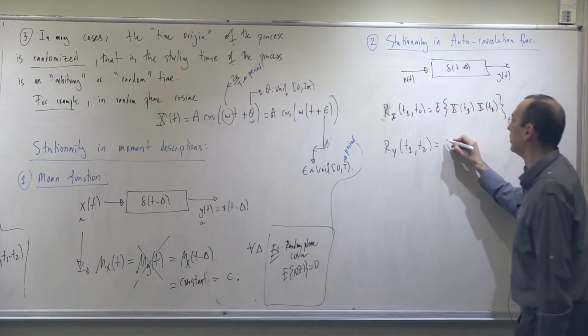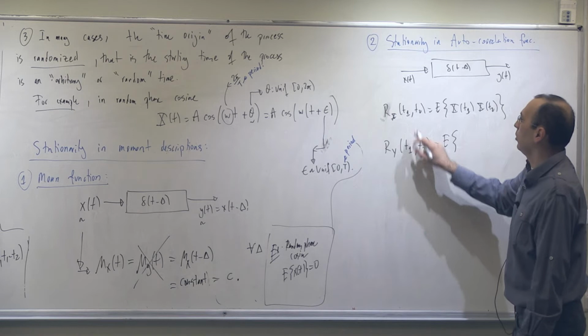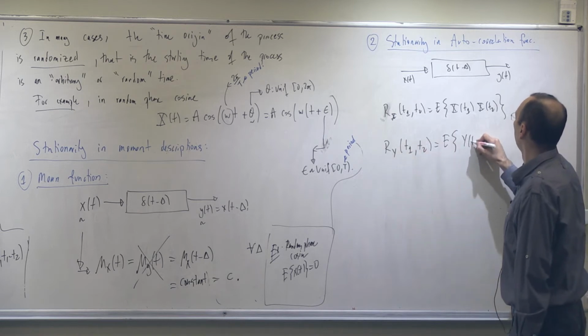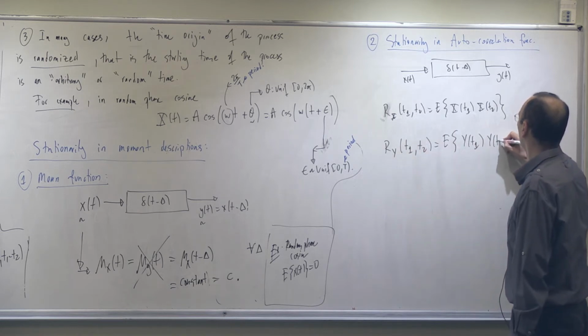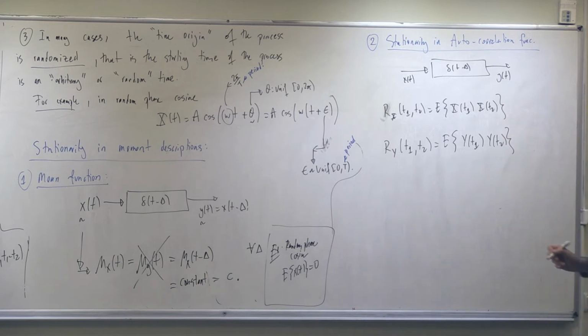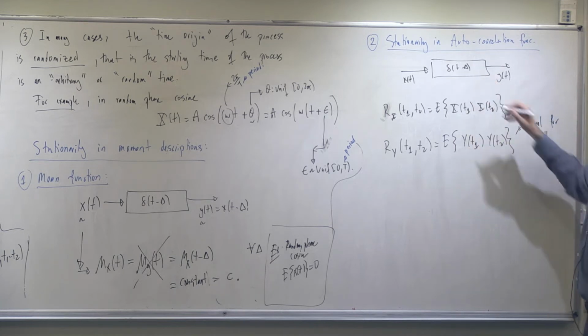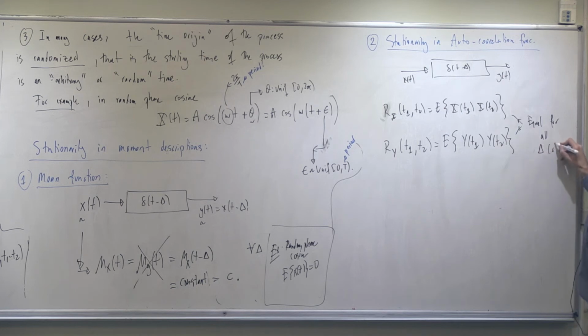Notation is a little bit easier this way. Ry(T1, T2). So if they are equal for all delay values, then we say that we have stationarity in autocorrelation.